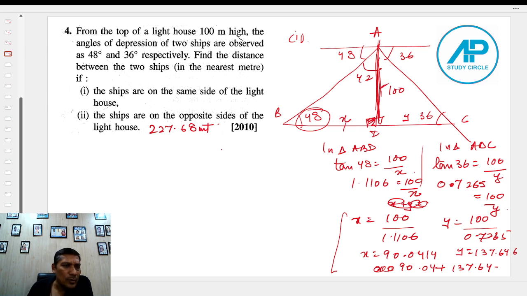Just give you a little idea about this. If you use tan 42, you got x upon 100. Now x is tan 42 into 100. So what is tan 42?